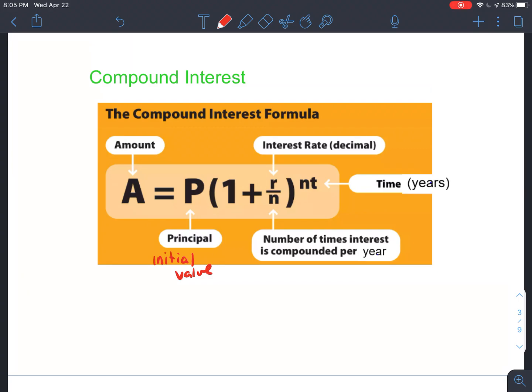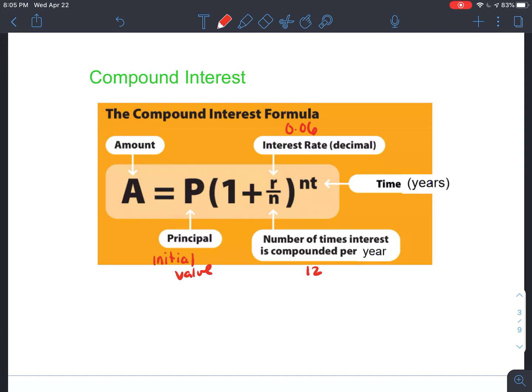Next to that, we have a parentheses. That's still going to be our growth factor, but it's going to be structured a little bit differently. So we still have the 1 plus because we are growing, but that rate now is going to be divided by the number of times the interest is compounded. So for example, in the last question, if it's compounded monthly, I'm going to take that 0.06 and divide it by 12 because there are 12 months in a year.